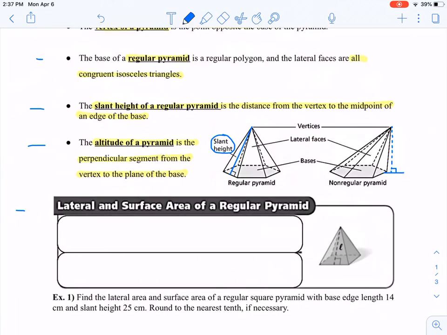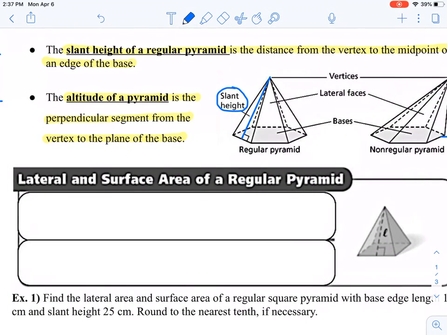All right, so let's go through the lateral area and surface area of pyramids. Let's go through these formulas here.